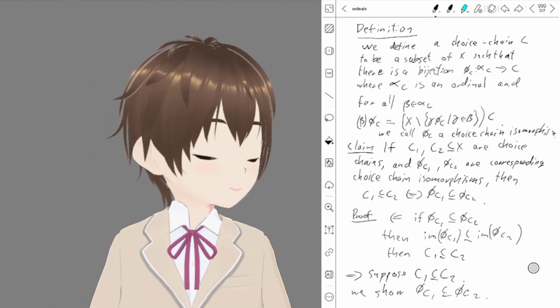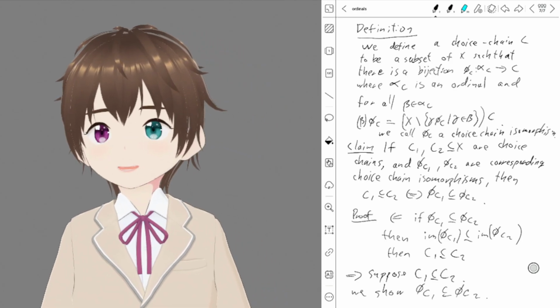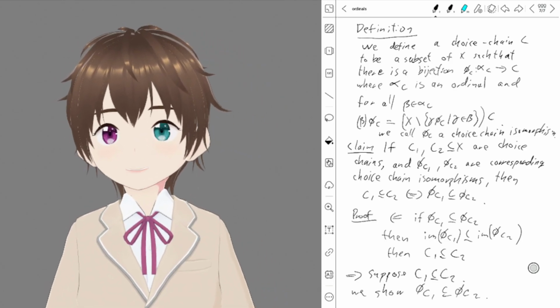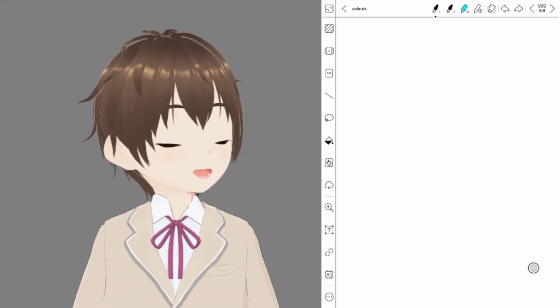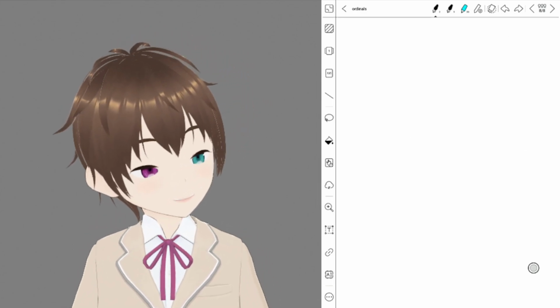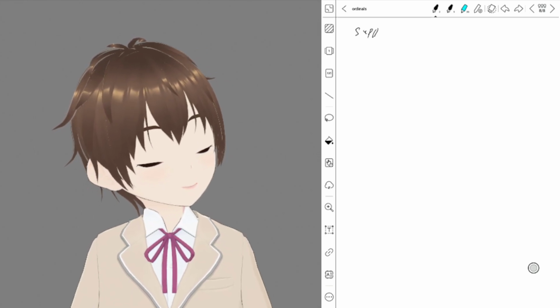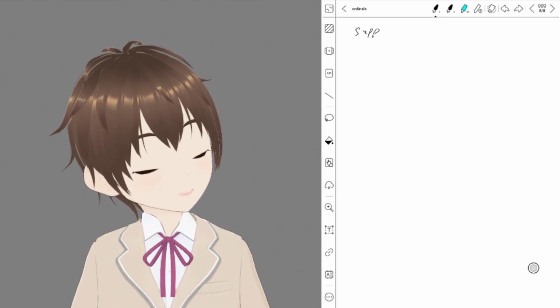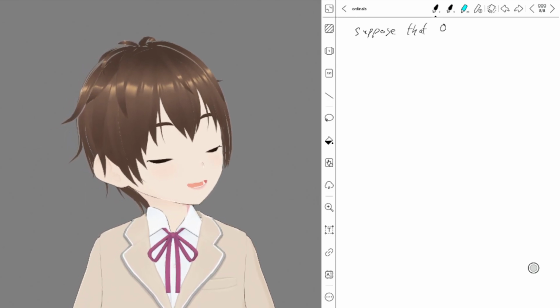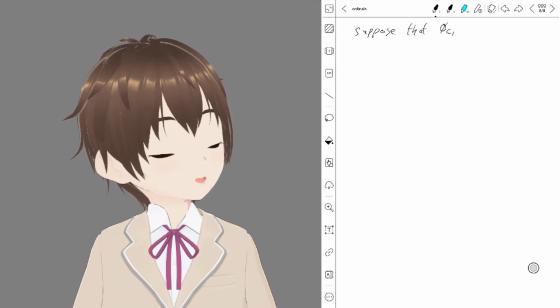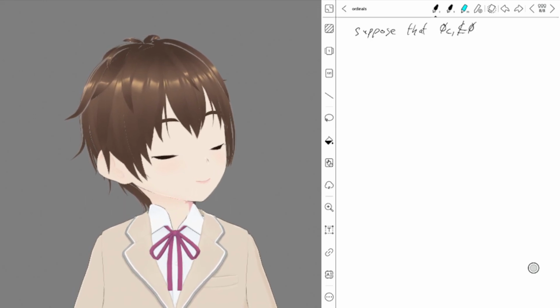Okay. Well, good thing about these choice chain isomorphisms, they're well ordered because their domains are ordinals. So I need to take an arbitrary element of phi C1 and show it's in phi C2. So suppose that phi C1 is not contained in phi C2.